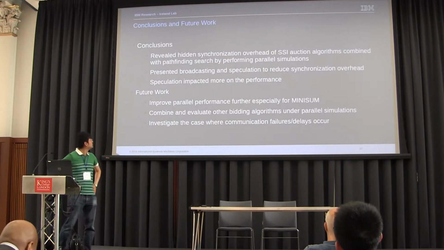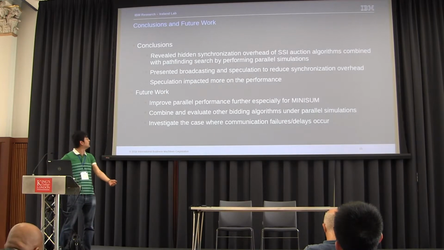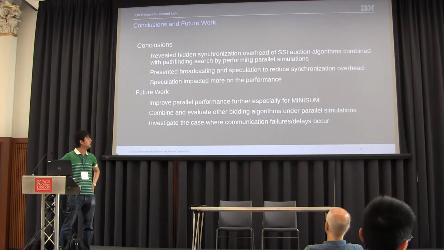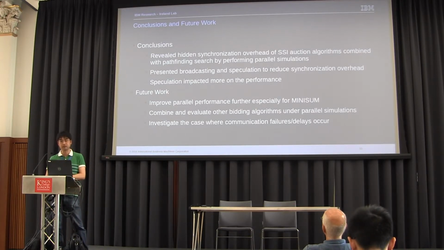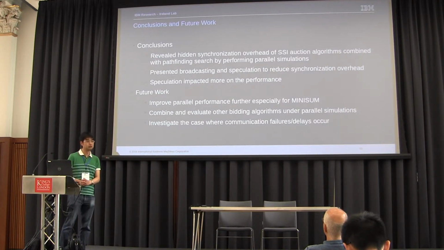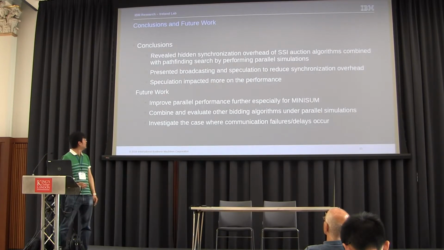So in conclusion, in my talk we reviewed the hidden synchronization overhead for auction algorithms when they are combined with parallel simulation settings, because the big computational overhead calculations are not balanced among agents.